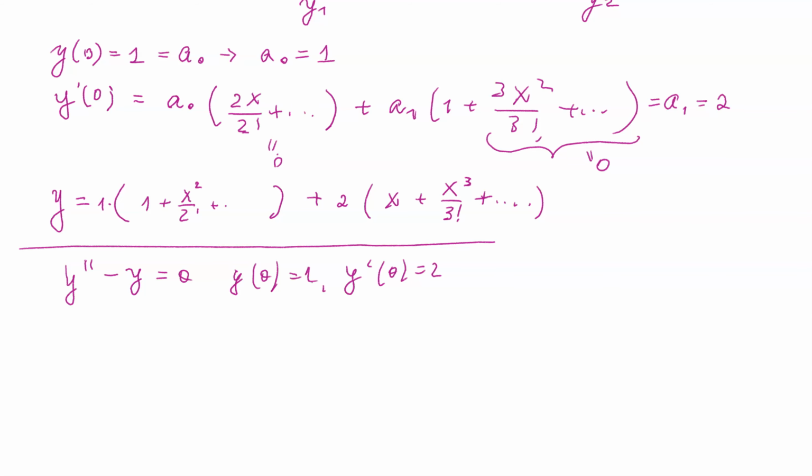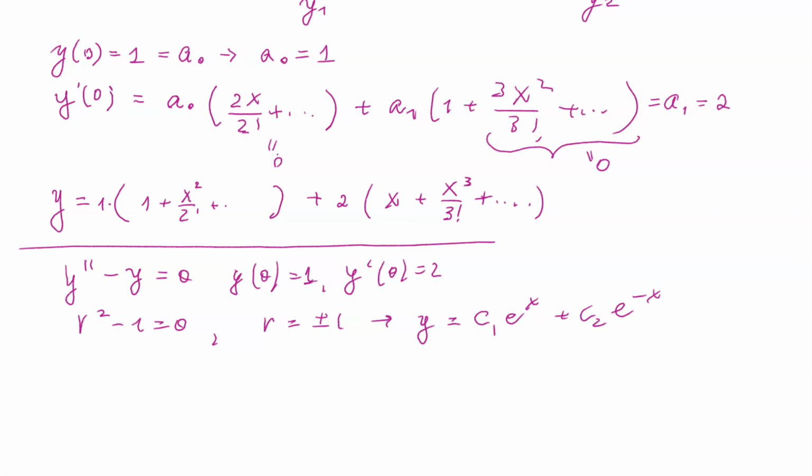Well, it's very easy to solve using characteristic equations. That's what? R squared minus 1 equals 0. So R equals plus minus 1, and solutions are C1 e to the power of x plus C2 e to the power of negative x. If you compare it to these 2 solutions, they don't look like this, right?